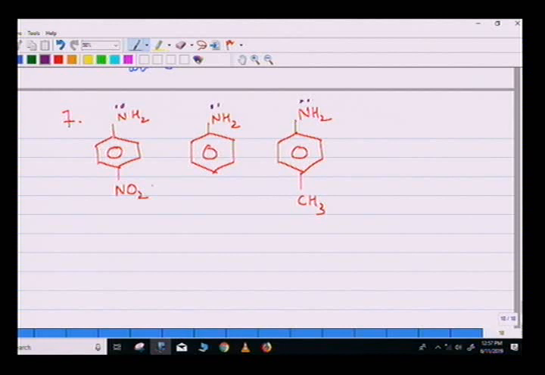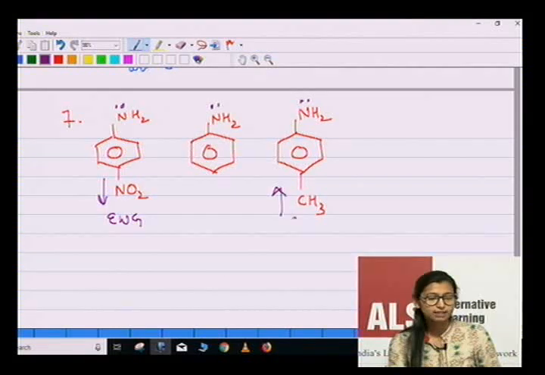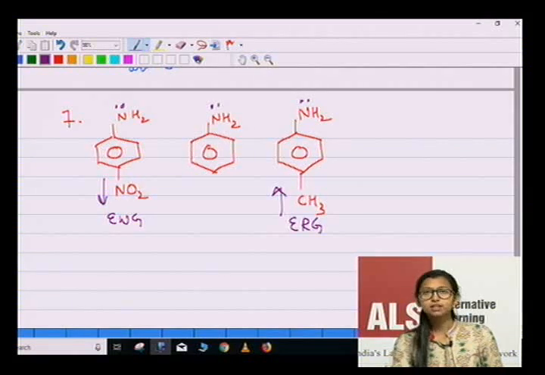So what is the nature of the groups now? These types of questions are very common everywhere, like in acidic strength and in basic strength. Nitro is an electron withdrawing group, the next has nothing withdrawing, nothing releasing, and the last is electron releasing. So obviously, the compound which has more electron density to donate will be the more basic one.